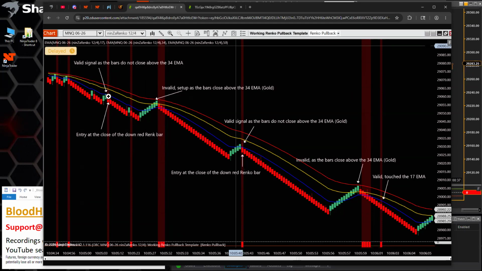The bars need to touch the EMA 17 and then reverse back in the same direction after that touch. Now, the signal here, and this is kind of the key to Stefan's question, is that the setup is invalidated if price touches the, let's see, that's the 34.